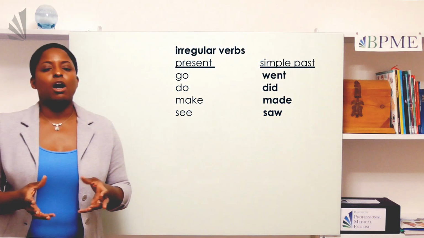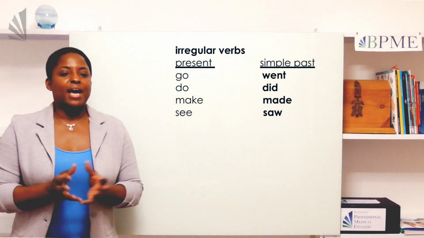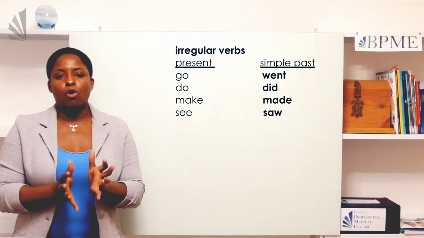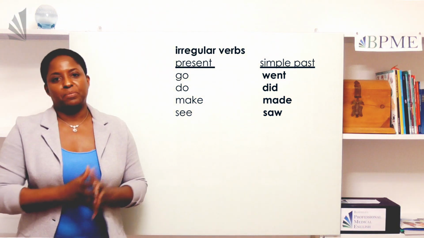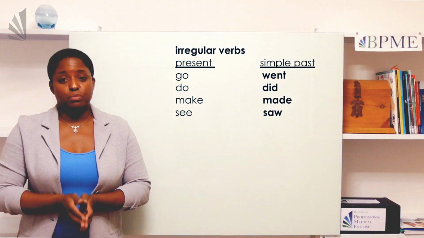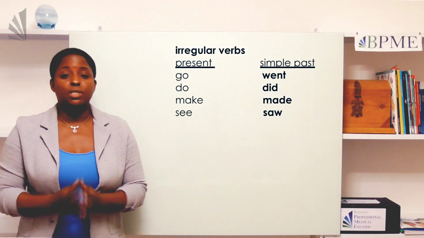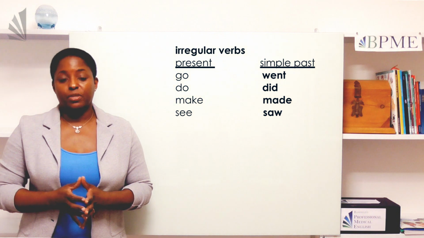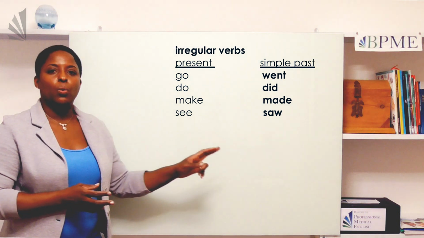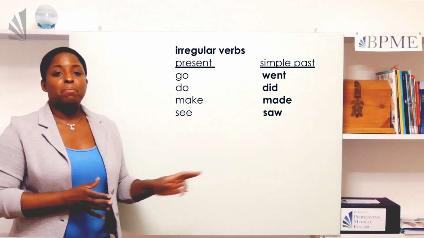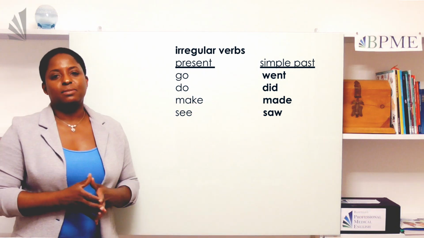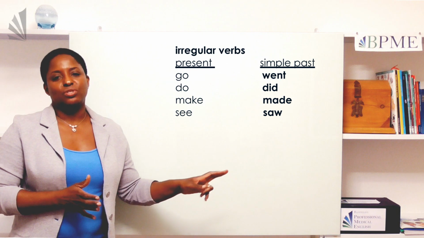Other verbs, however, are irregular, and that means that their second form sometimes varies quite a bit and is different from the main verb. These verbs and these forms, unfortunately, you simply have to learn. Verbs like go, went, do, did, make, made, and see, saw.